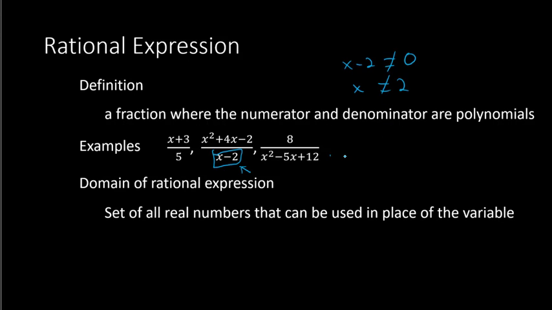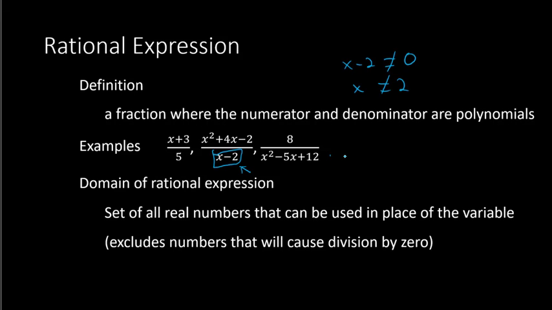So the domain, again, is the set of all real numbers that can be used in place of the variable. As we mentioned, it excludes numbers that will cause division by 0. When we write the domain as x is not equal to 2, what that means is that x equals all real numbers except 2.